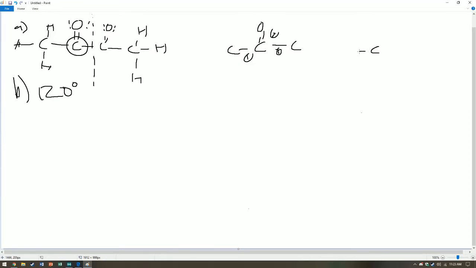C double O, and you would find the same thing. That is also 120 degrees. So 120 degrees for part B.